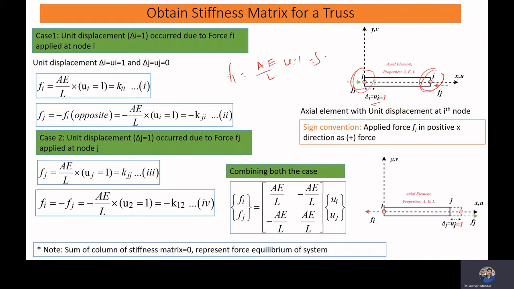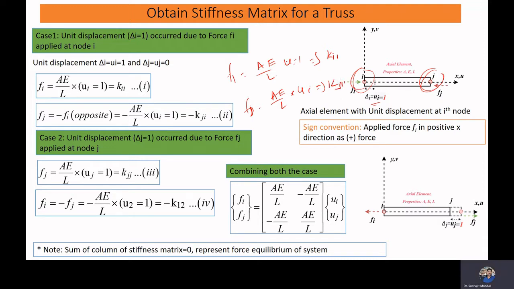And basically we can write our stiffness Kii, because force is applied at I and displacement also occurs at I. Now similarly we can obtain the stiffness developed at J, the force Fj required at J due to unit displacement at I, that we can write as Kji.